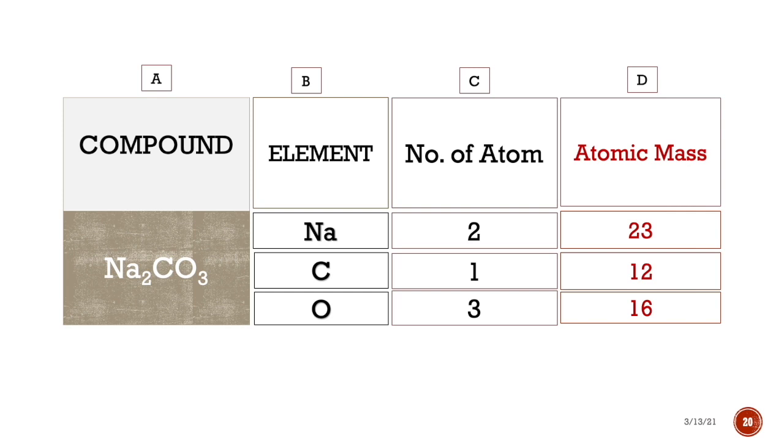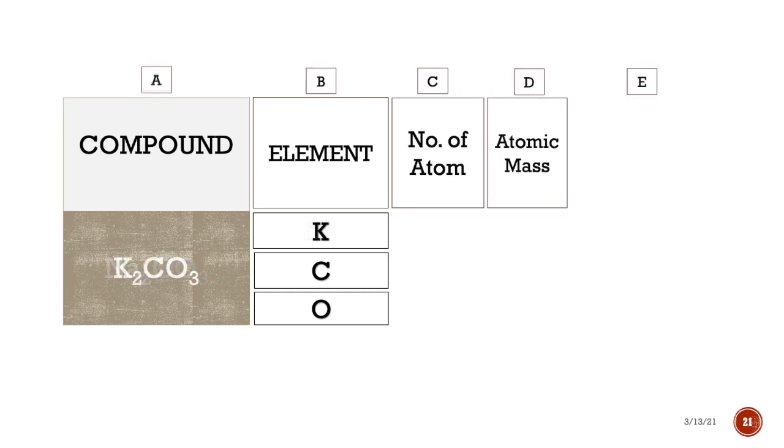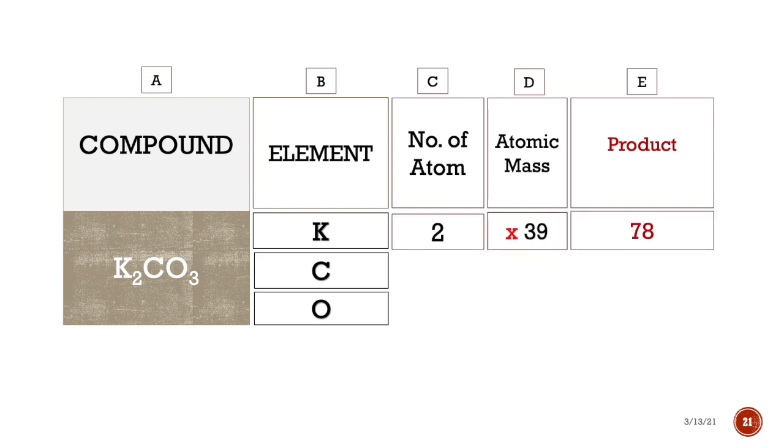Then, multiply the number of atoms of these elements with their corresponding atomic mass. For the compound potassium carbonate, we have 2 times 39 will give you 78. For carbon, 1 times 12 equals 12.